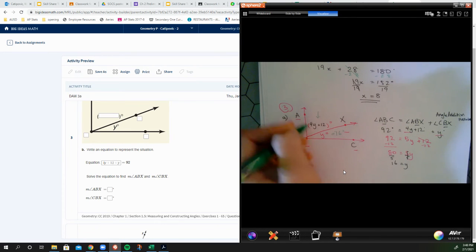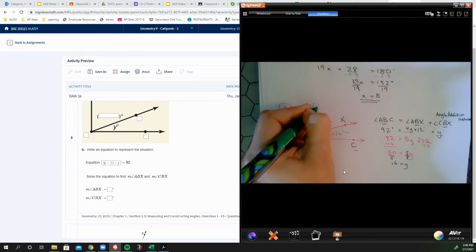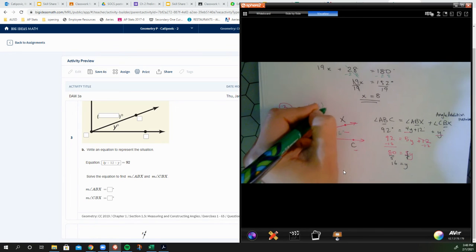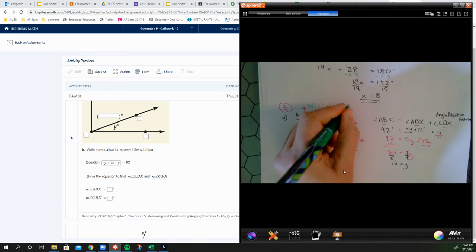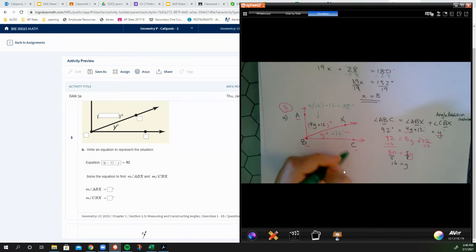I've got two choices. I can substitute in here. So I got 4 times 16, because y is 16. So that's 64, plus 12. Got to figure out what that is. So 76. And then lastly, before I walk off, I'm going to double check that these actually add up to 92.